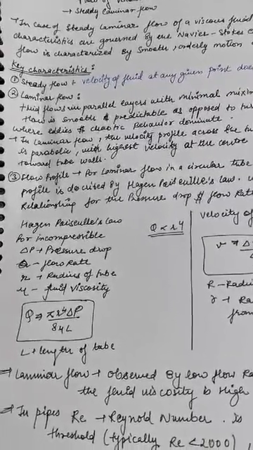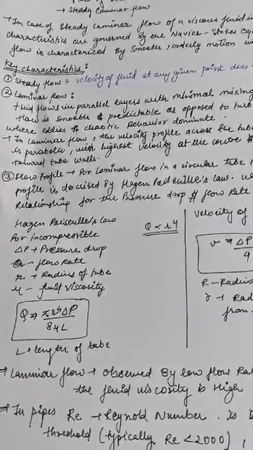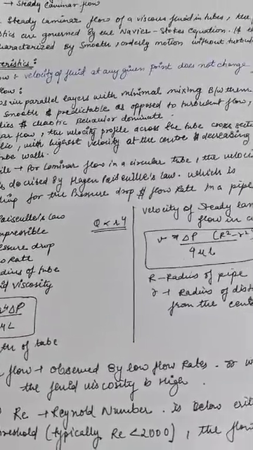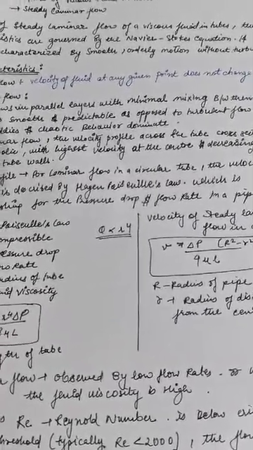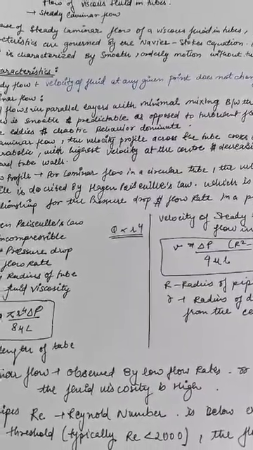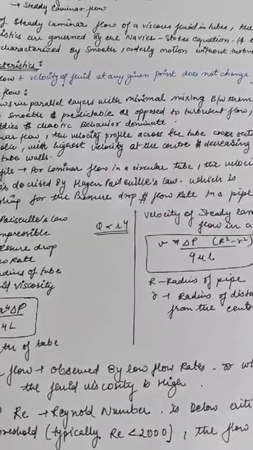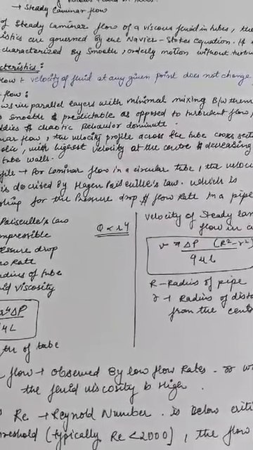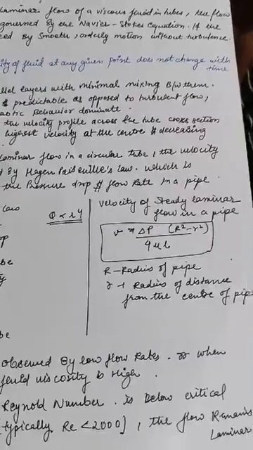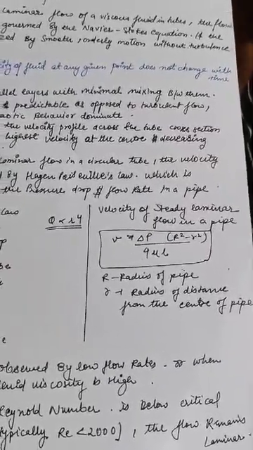flow profile. The velocity of the fluid at a given point does not change with time in this flow. Laminar flow shows parallel layers with minimal mixing between them. The flow is very smooth and predictable, as opposed to turbulent flow.